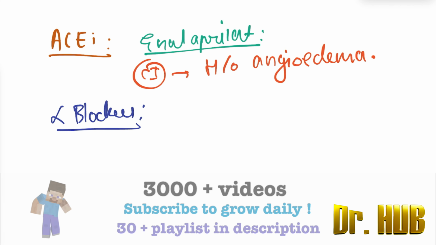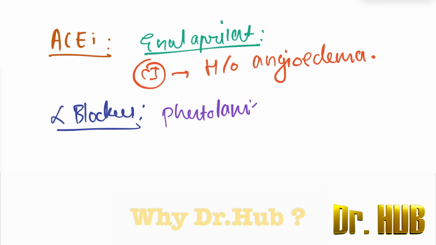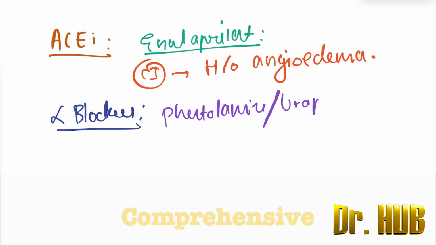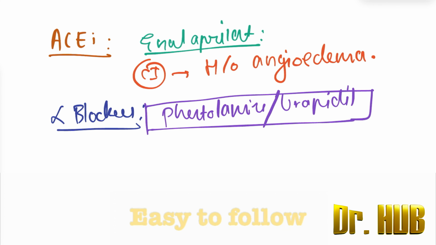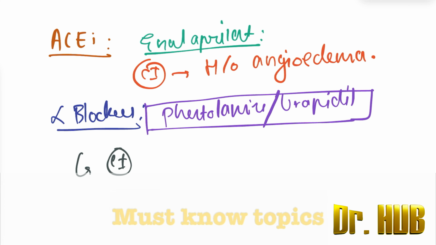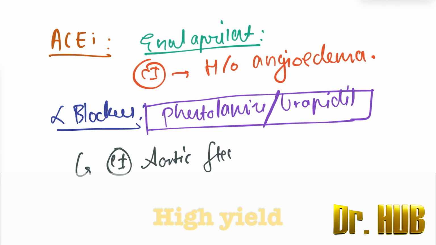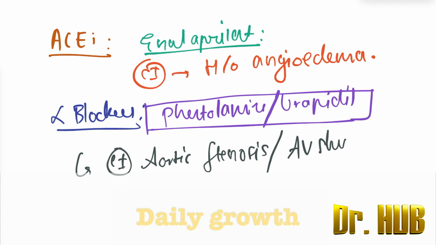Under the alpha blockers, the examples being the phentolamine as well as the urapidil. And what are the contraindications? The contraindications of alpha blockers are the A for A, that is the aortic stenosis, as well as another A which is for the AV shunt.